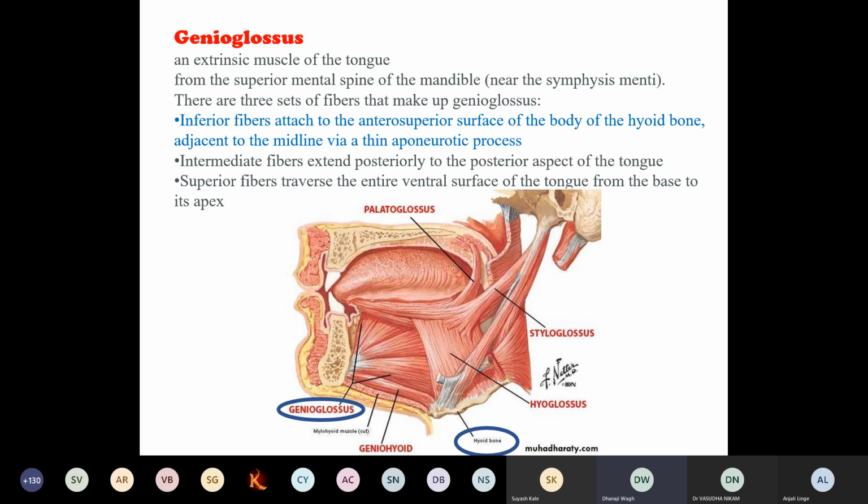The intermediate fibers extend to the posterior aspect of the tongue, and the superior fibers traverse the entire ventral surface of the tongue from the base to its apex.